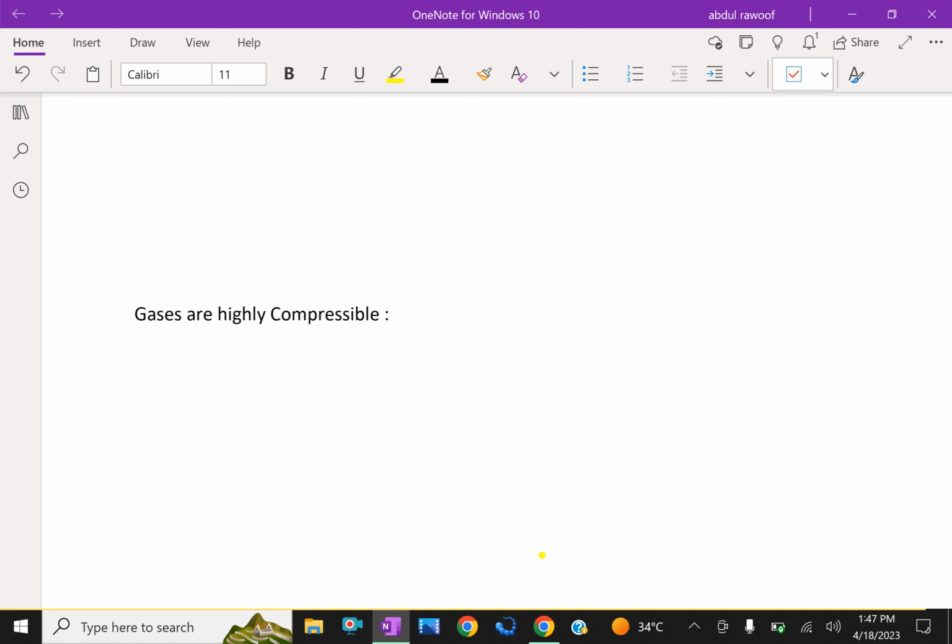However, if there is only gas in the syringe, with a little effort you can move the plunger down and compress the gas. Gas particles can be pushed closer together. The space occupied by the gas particles themselves is very small compared with the total volume of the gas. Therefore, applying a small pressure will move the gas particles closer together and will decrease the volume.